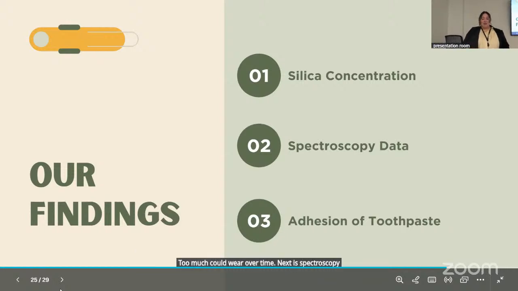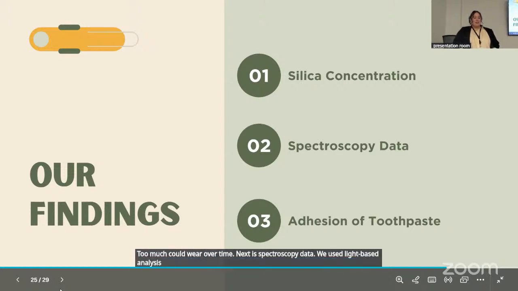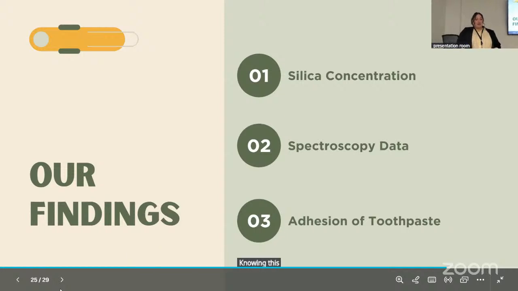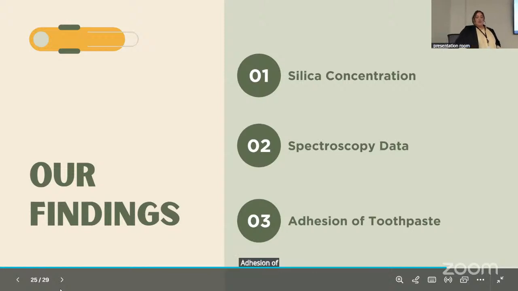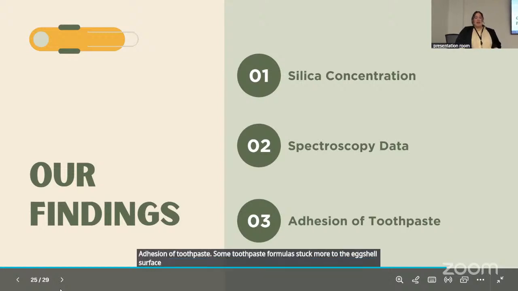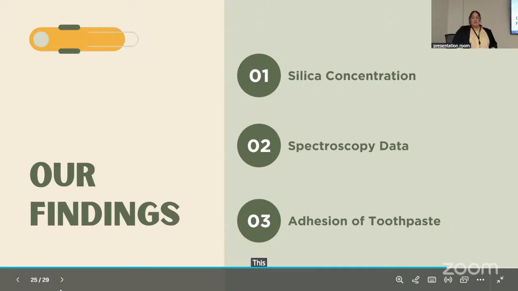We used light-based analysis to identify elements like silica and calcium in the toothpaste samples. Knowing this, the chemical makeup helps us think critically about the ingredients we use daily and their impact on our health. Adhesion of toothpaste: some toothpaste formulas stuck more to the eggshell surface even after rinsing. This shows us how the toothpaste interacts with surfaces, which could affect how well it cleans or leaves behind residue in your mouth.